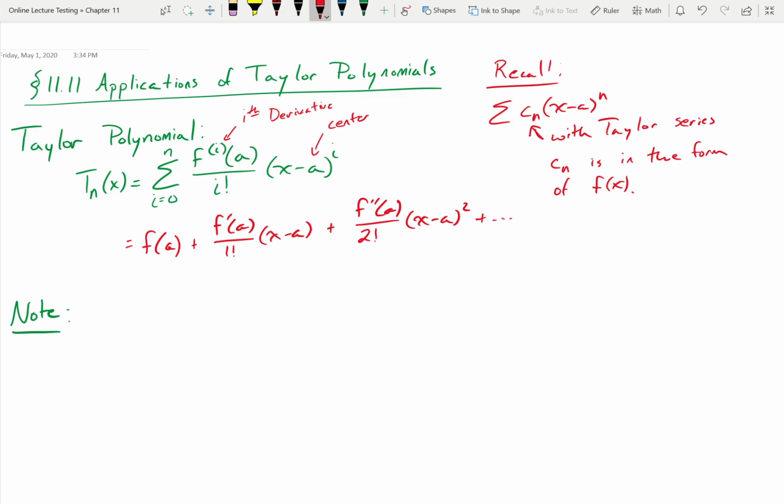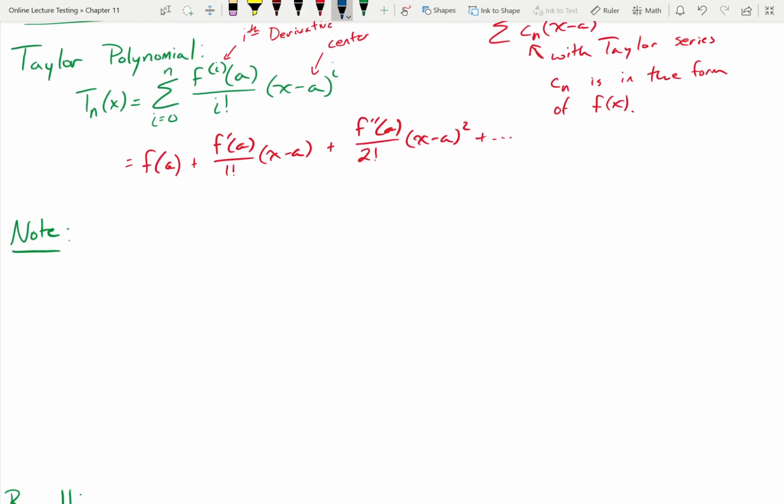Okay, so one important note that we want to make here, and we saw this in the previous class, so this is just reiterating it, is that the first degree Taylor polynomial is exactly the same as the linearization of f at a.